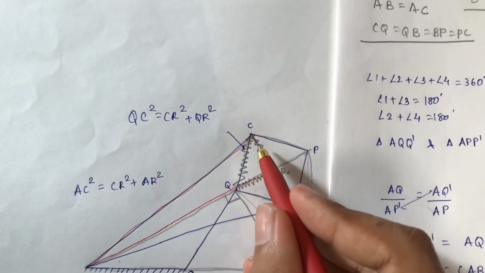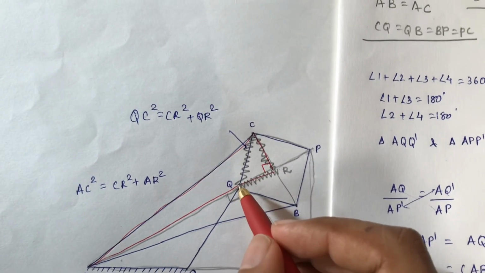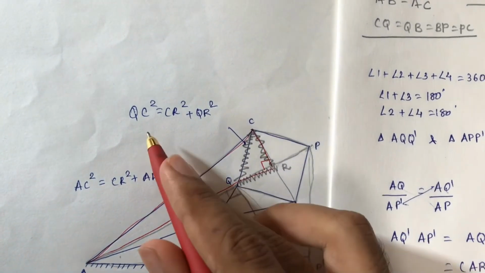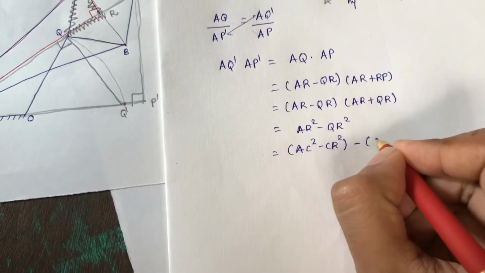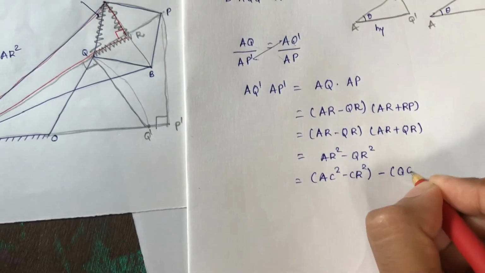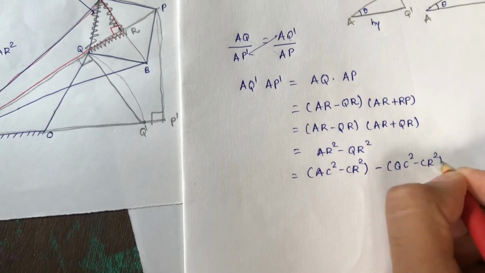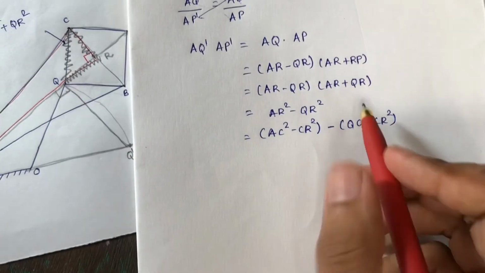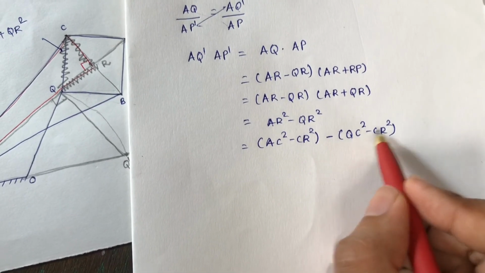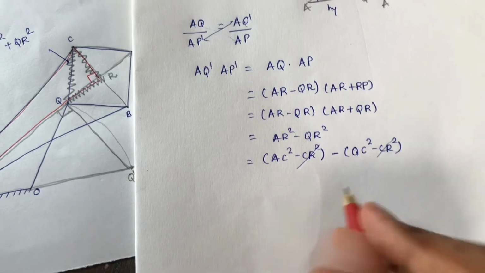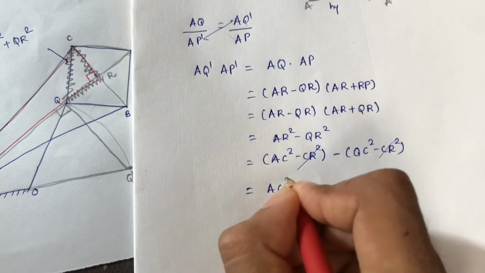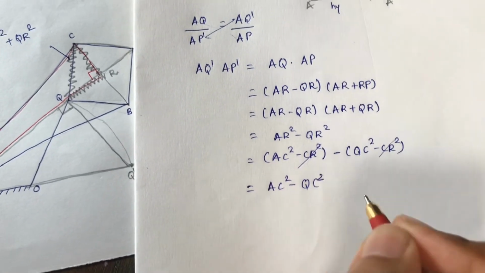Pythagoras theorem says that hypotenuse square equals the sum of the two sides' squares. So from this we can write QR square equals QC square minus CR square. Now when you open this bracket, minus and minus going to plus. So plus CR and minus CR will be cancelled out. Remaining is AC square minus QC square.